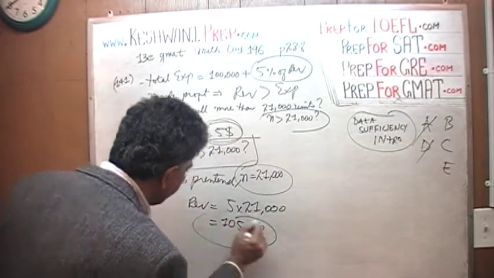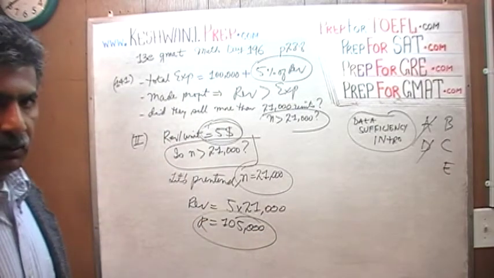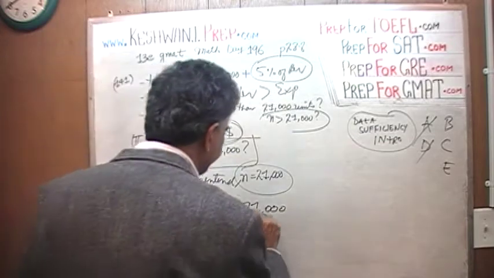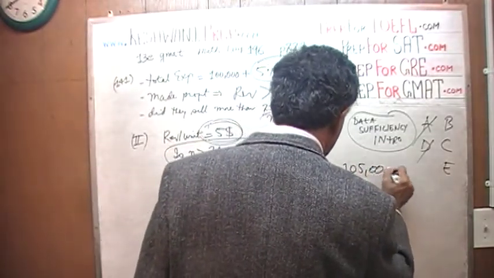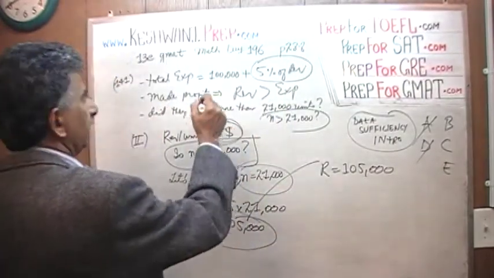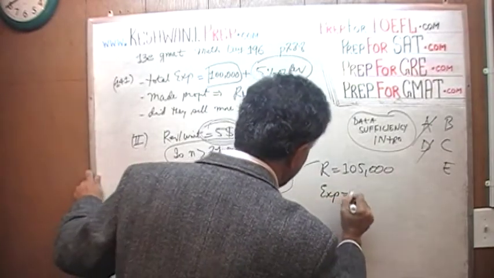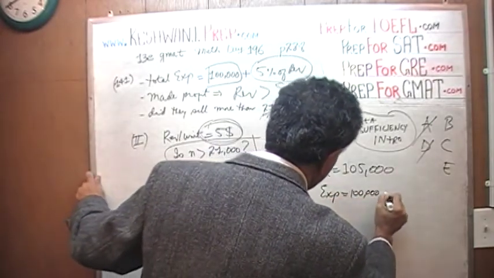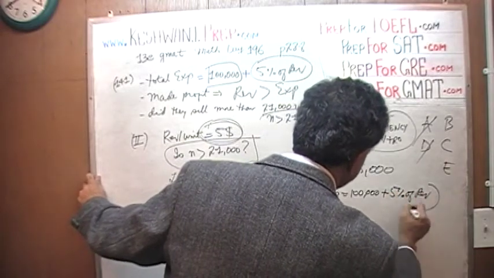Now all we have to do is ask ourselves if this is feasible, if this is something that is possible. Well, let's find out here. If the revenue happens to be 105,000, we are told the expenses are $100,000 plus 5% of revenue.